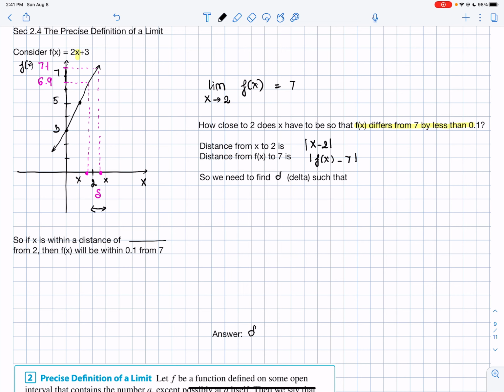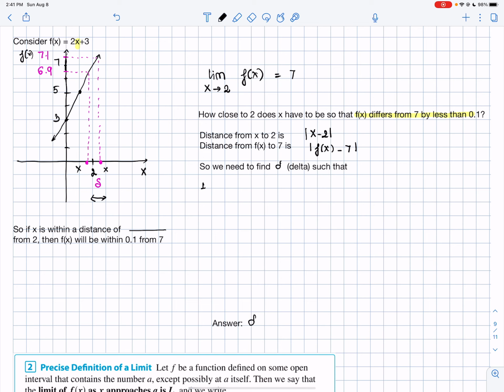So we need to find the delta such that if the distance from f of x to 7 is less than 0.1, so we just want less than 0.1. It can be 7.1 or less, it can be 7.009. Okay, so we want that distance to be less than 0.1 if in the x part, the absolute value of x minus 2 is less than delta.